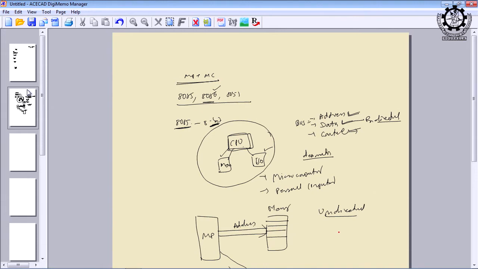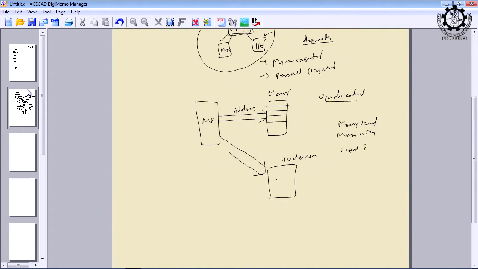So that means how many types of signals are required? One is memory read operation, another is memory write operation, and if it is an input device, input read operation, and if it is an output device, output write operation. Only these four operations take place, and nothing else, in a microcomputer at any point of time. There are only four operations carried out: memory read, memory write, IO read or IO write.